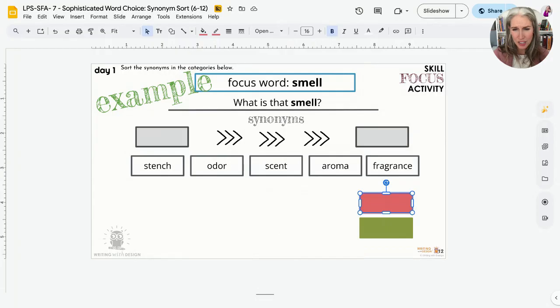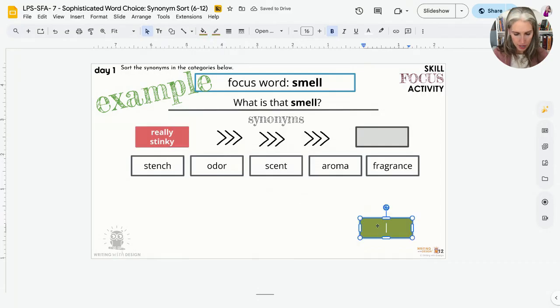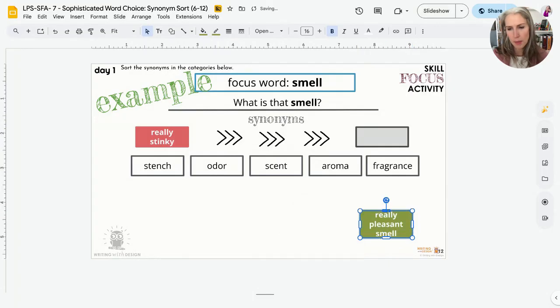So when I think about stench and odor, I'm going to say something like it's really stinky, right? These down here are synonyms that mean it smells terrible. Versus the ones down here are a really pleasant smell, right? Or something along those lines, a really great smell or a nice smell. So I'm going to put that right here as well.